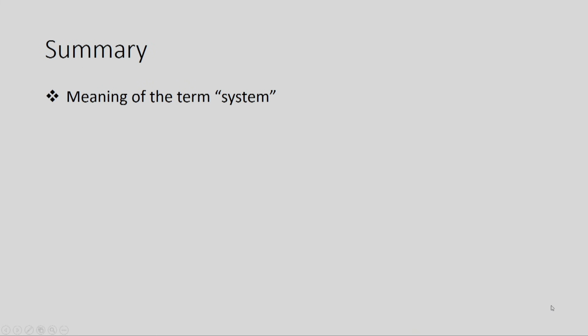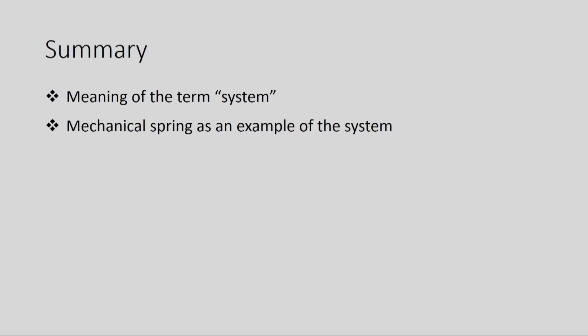Well, my friends, let us summarize this lecture. We have seen in this lecture the meaning of the term system. We understood the principle of working of a mechanical spring in the perspective of the term system.